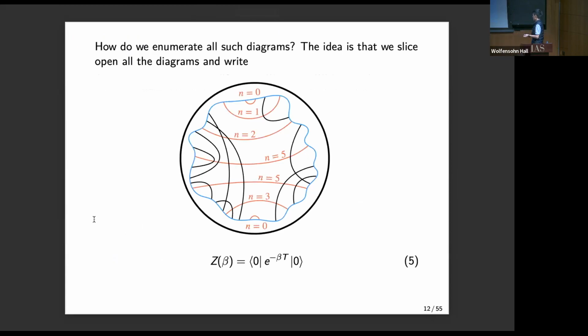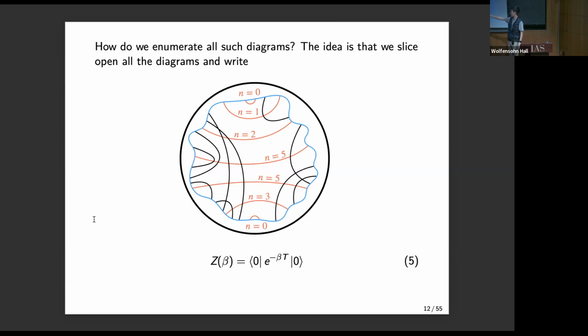And the final trick is to figure out how to enumerate all possible chord diagrams. And we do this by using the transfer matrix trick that they introduced. Now, the idea is, to make contact with JT gravity, we slice open the chord diagrams in some particular way. So given any particular chord diagram, you can find some location where there are no chords passing through this red slice.